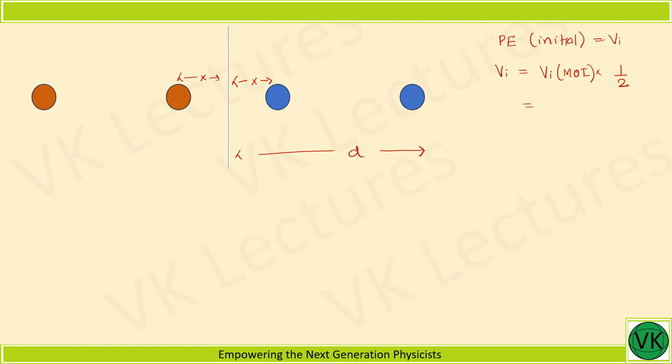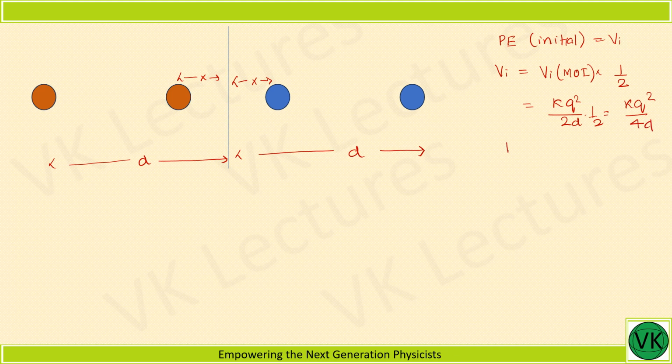So that's equal to Vi by method of images, means there is a distance 2d, so kq square by 2d into 1 by 2, that's equal to kq square by 4d.